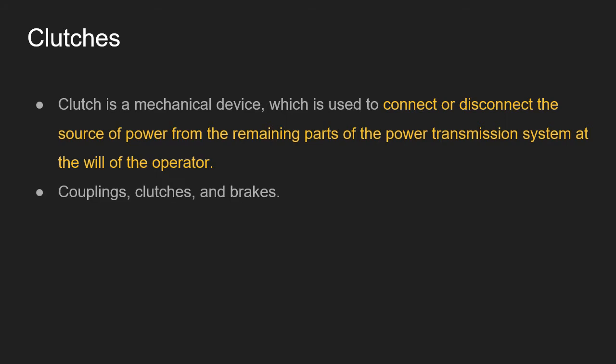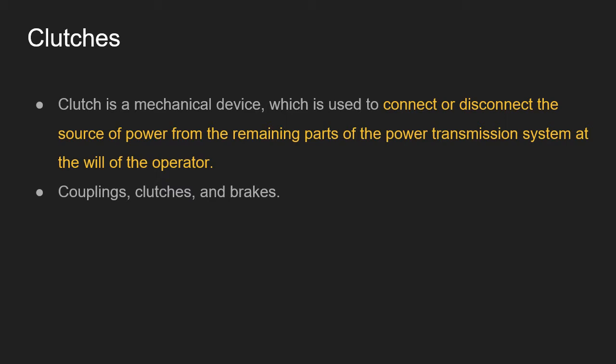Now, we often use terms such as couplings, clutches, and brakes. These three are very similar machine elements. A clutch and a coupling are used to obtain a connection between the driver and the driven shaft.